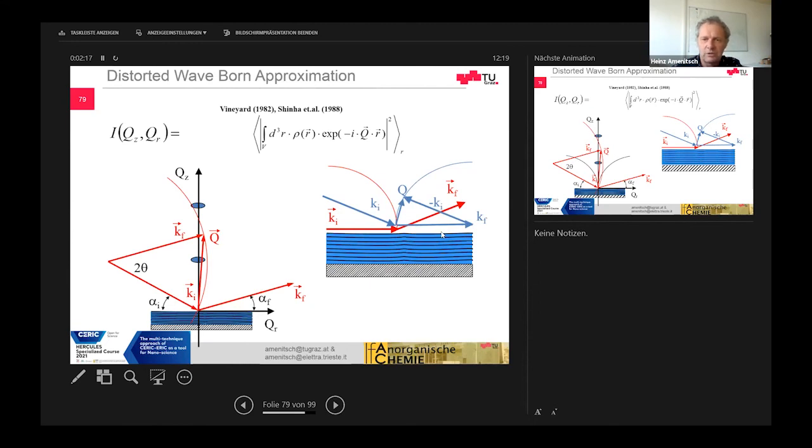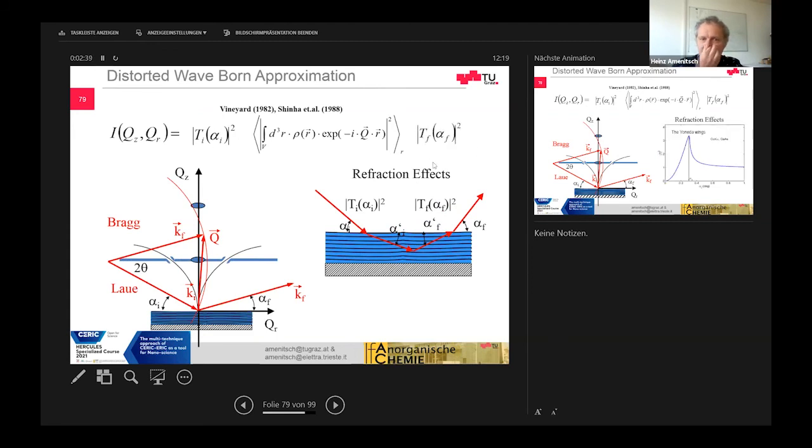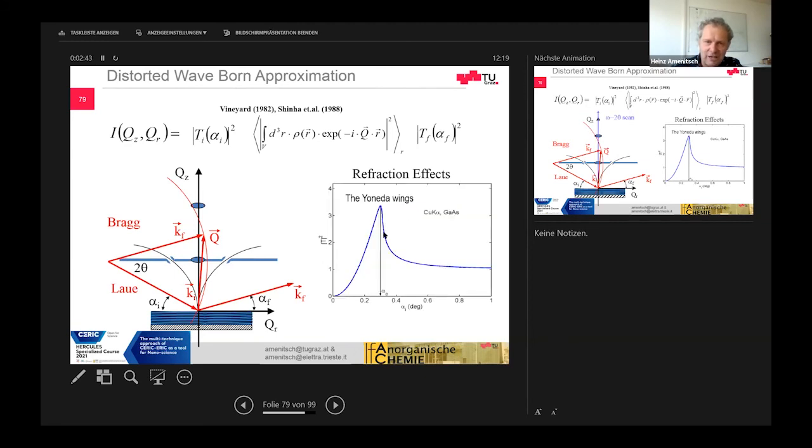This is something important. And also that you have transmission coefficients with the beam going into the sample and out of the sample. So you have some refraction coefficients. So the simple theory has to be modified by these transmission coefficients for the incoming and the scattered beam. Due to the refraction effect you have enhancement of the intensity, which gives rise to these Yoneda wings.